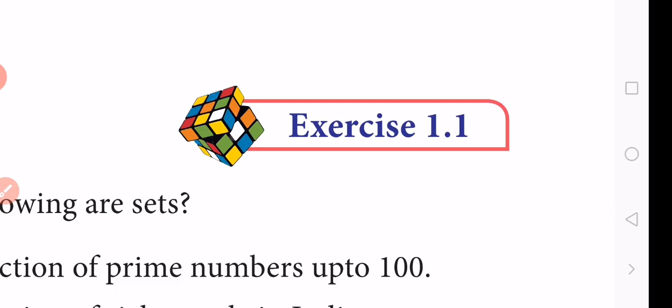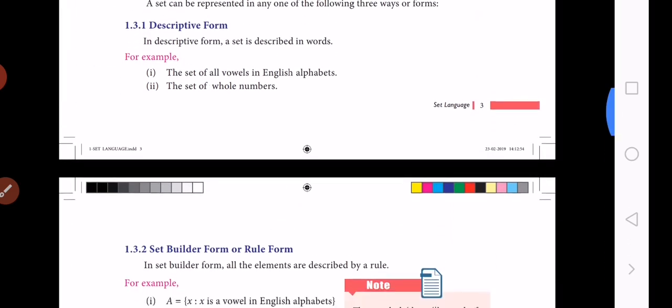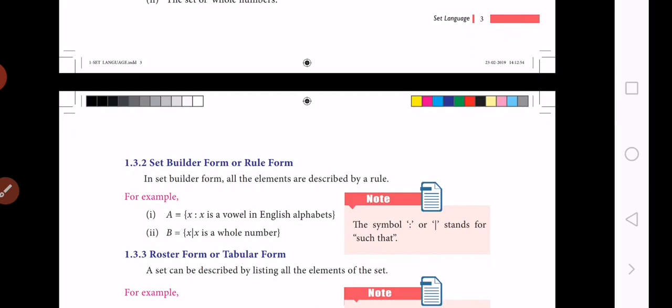After that we used notation, that is belongs to and does not belong to. These notations are used for elements. After that the main concept is representation of a set. There are 3 types of representation: descriptive form, set builder form, and roster form. Okay students, do you have any doubts?